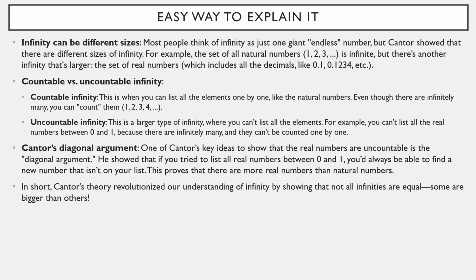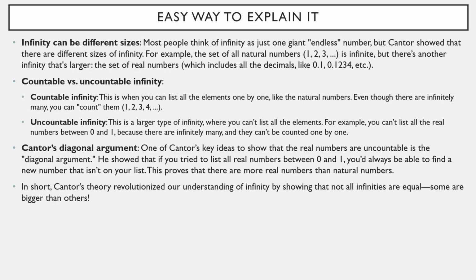Okay. Infinity can have different sizes. Most people think of infinity as just one big endless number, but Cantor showed there are different sizes of infinity. For example, the set of all natural numbers is infinite, but there's another infinity that's larger. I'm going to show you it's the set of real numbers, which include all the decimals and non-repeating decimals. The easiest way to think about this is countable versus uncountable infinity.